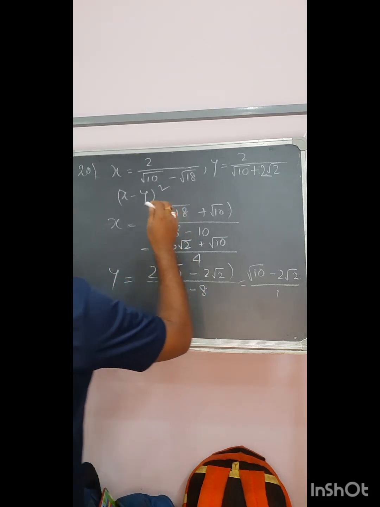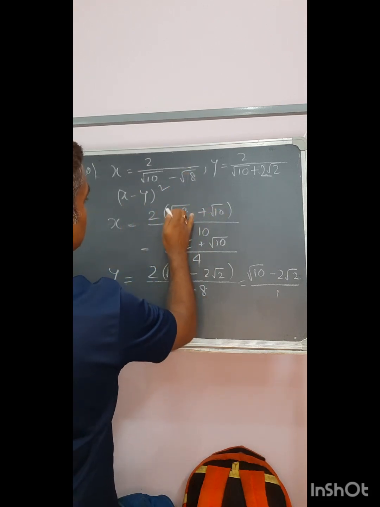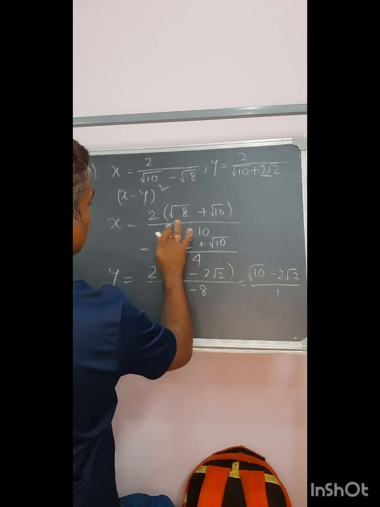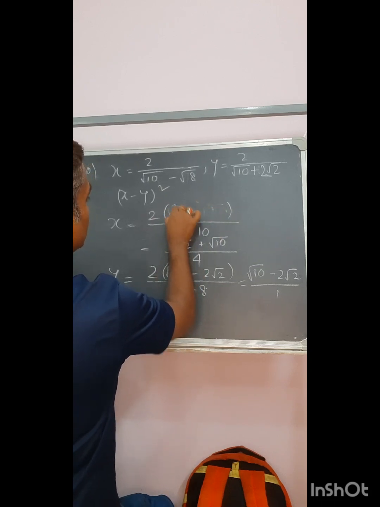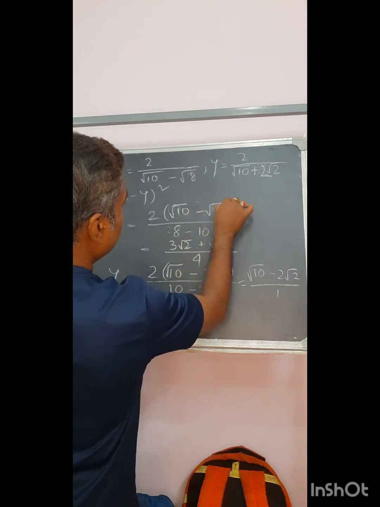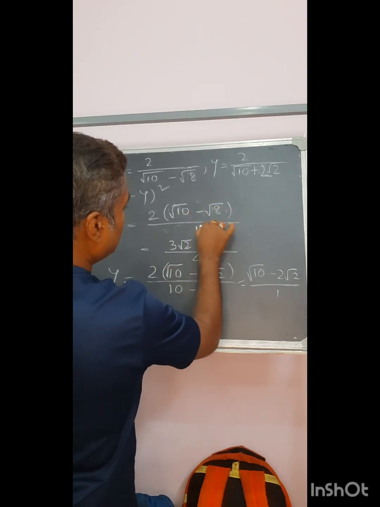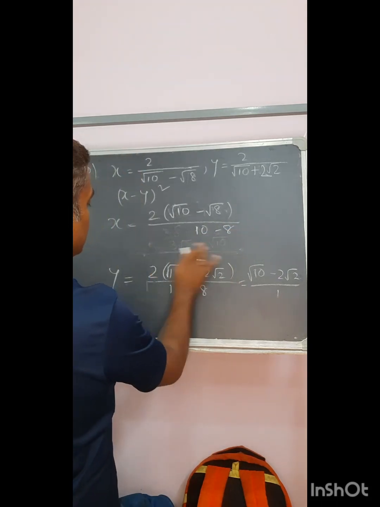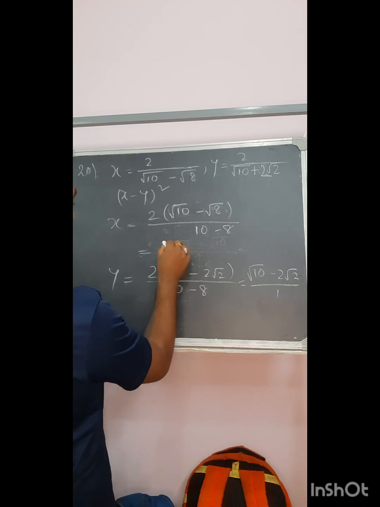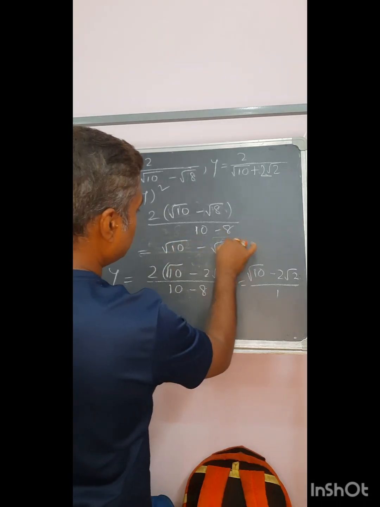Sorry, it is not 18, it is given 8. Then it will be reversed, root 10 minus root 8. So it will be 10 minus 8, and the whole thing changes. So 2 cancels, giving root 10 minus root 8.